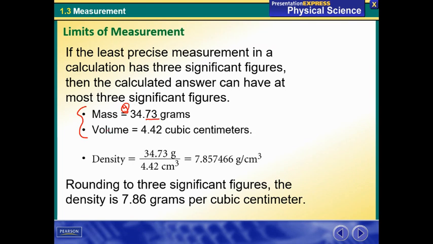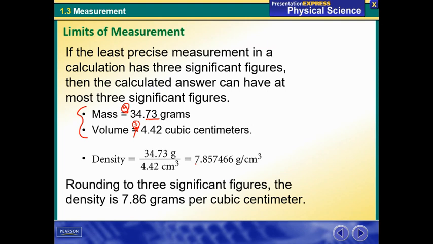Volume. If you were to measure volume, or how much space something takes up, and you look at this measurement, you're going to note that it has 1, 2, 3 significant figures, or 3 parts that are part of that measurement. Notice your least number, or your least precise, is 3 digits. That means your answer, when you calculate this, and we talked about yesterday, mass divided by volume gives us our density.